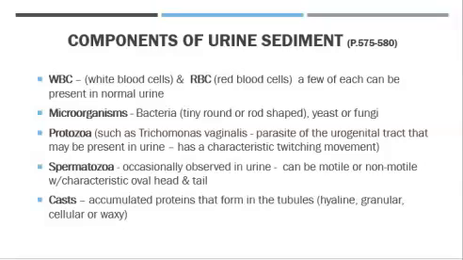We're not going to go in depth on these different types of casts in 110, but you will go more in depth when you get to the urinalysis course and learn the exact difference between these types of casts. Just know for now that it is an accumulation of proteins.